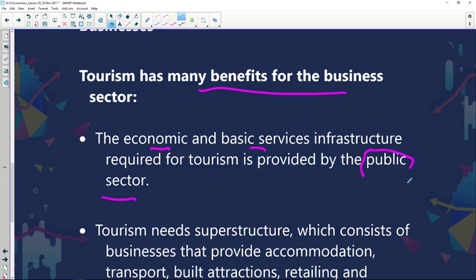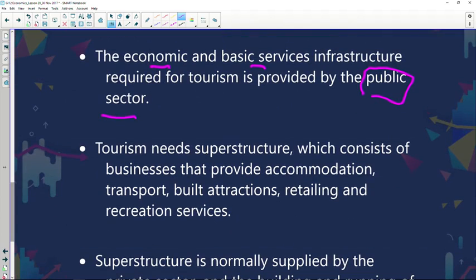So hence there we see the public sector is playing an important role. And also tourism needs superstructure, which consists of businesses that provide accommodation and transport, built attractions, retailing, recreational services. So there's a lot of activity that is required in terms of tourism, because structures have to be built, accommodation has to be built, transport has to be made available, and also to build all these beautiful attractions requires work from businesses as well.